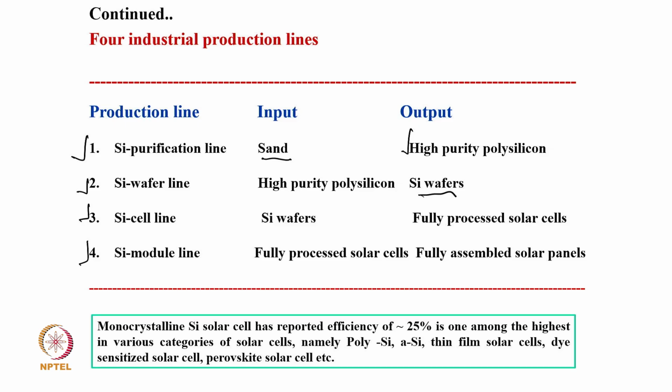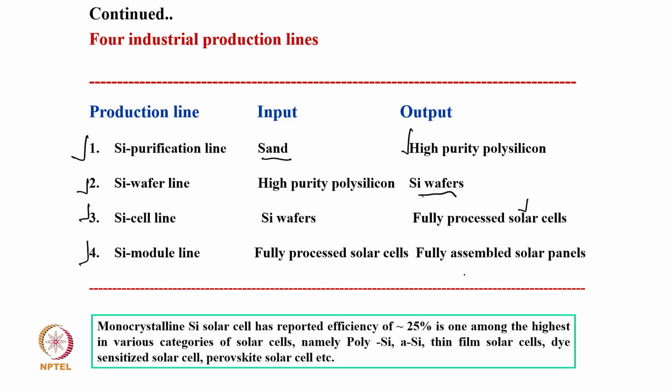Now the third production line is called the silicon cell line, where you use silicon wafers as input and you get a fully processed silicon solar cell as the output. The fourth production line, also known as the silicon module line, uses fully processed silicon solar cells as input, and finally you have a fully assembled solar panel as output.